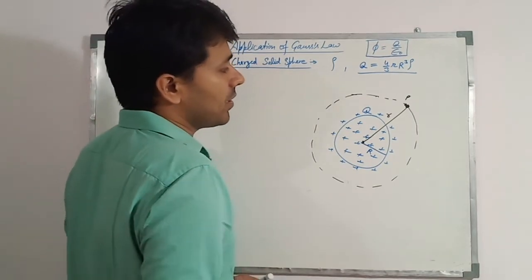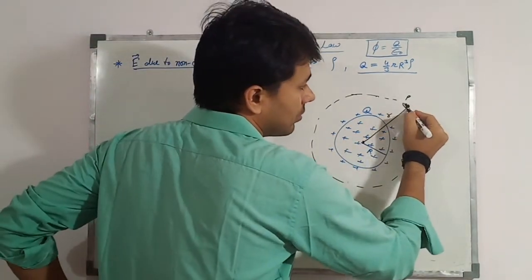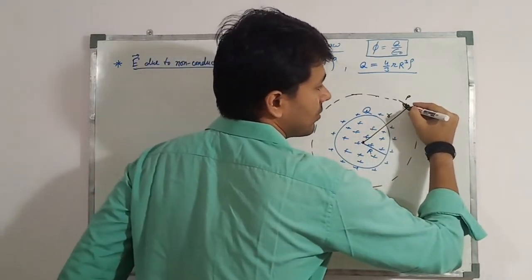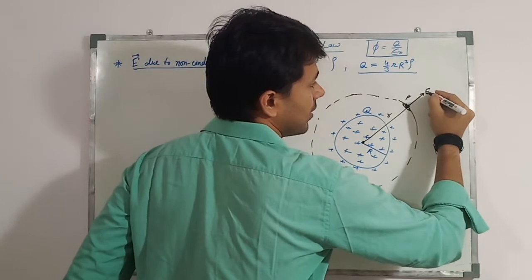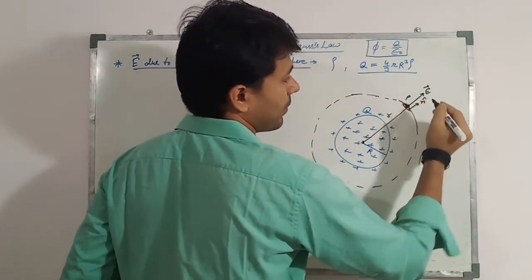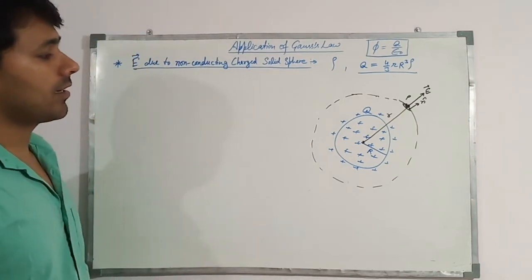At the point P, we draw a small area dA, the electric field at this area due to this charge is this, and the unit vector is n.